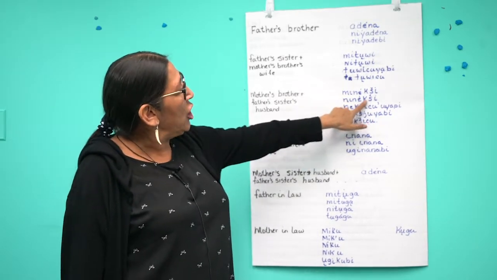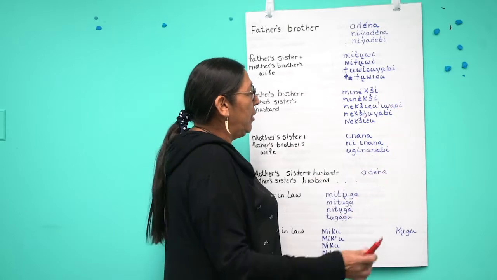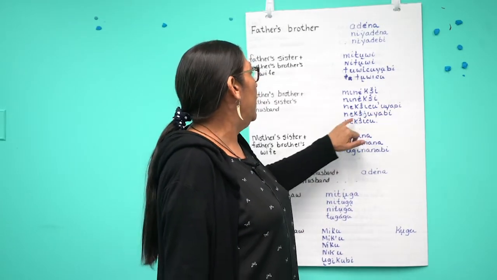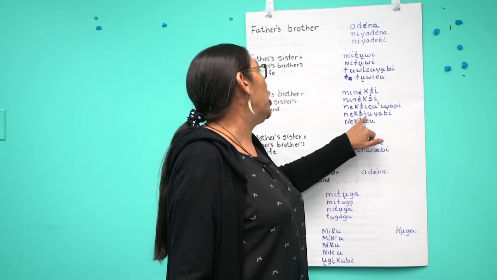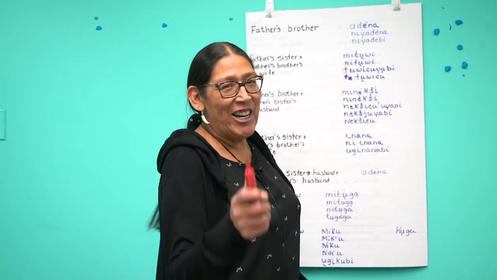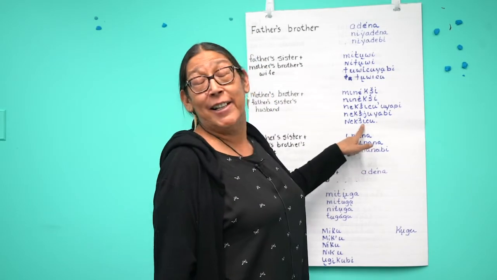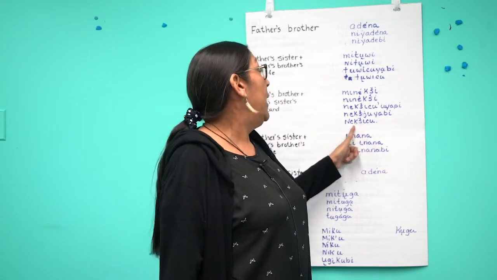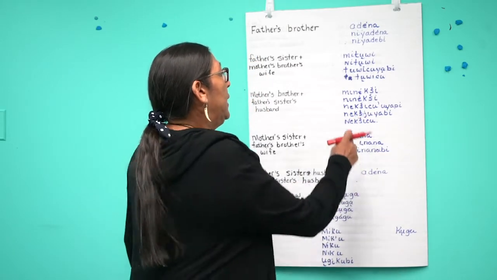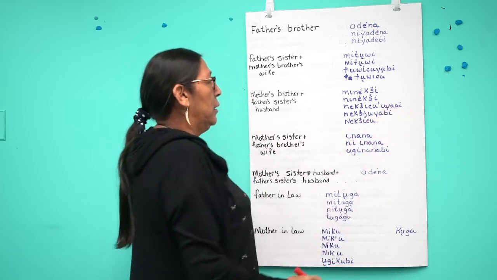Ninikshi. And if he's our brother, we have three ways of saying "our." Nikshichuyabi. No, sorry. Let's go on to Nikshichu, Nikshichuyabi, Uyabi.